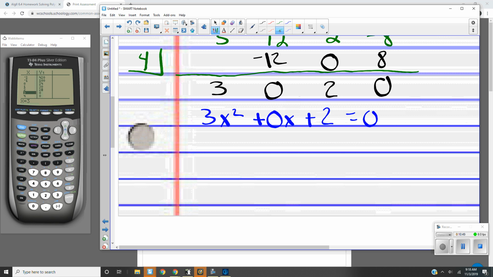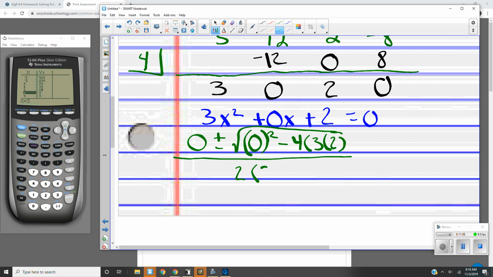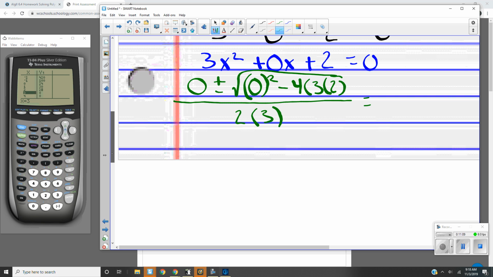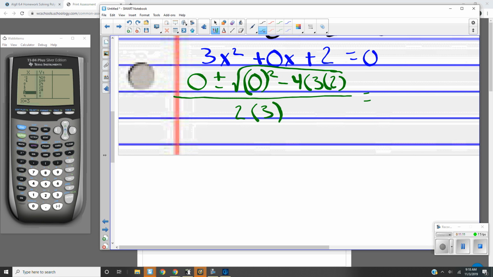Could solve using the square root method, or you can do quadratic formula. Quadratic formula would be negative b plus or minus the square root of b squared minus 4 times a times c, all divided by 2a. Simplify the discriminant here.